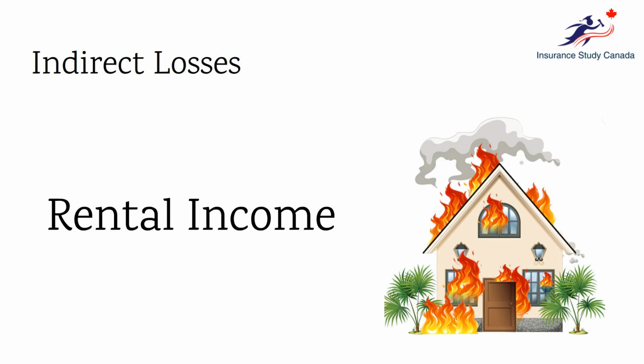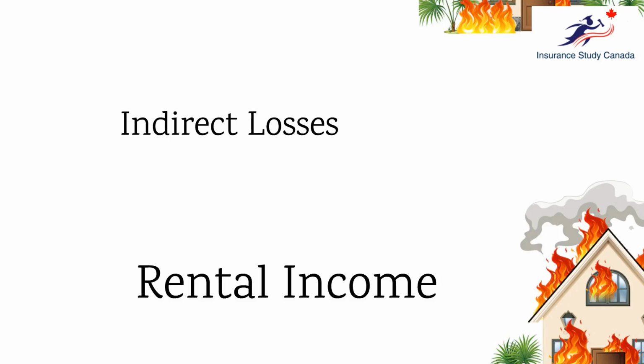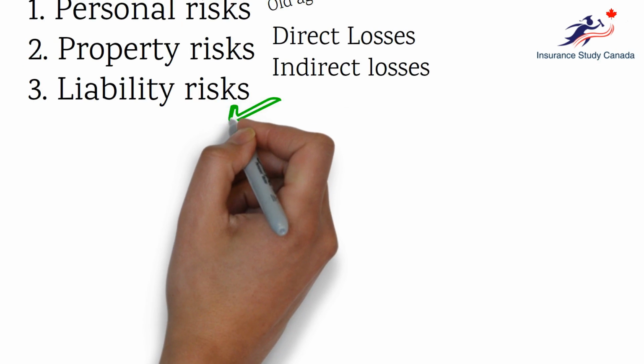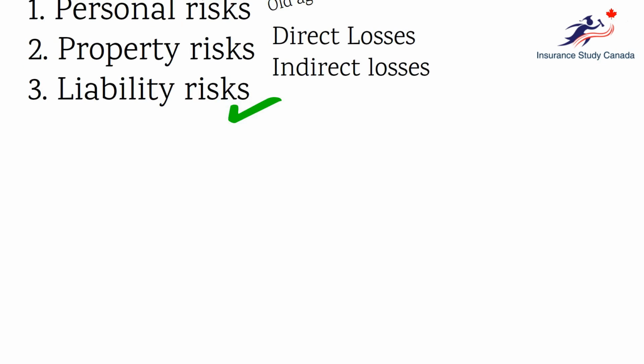I hope you have cleared these points. So our third point is liability risks. Liability risks are those where the chance of loss arises from an individual's obligation to pay damages because of the injury or death of another or damage to another's property.